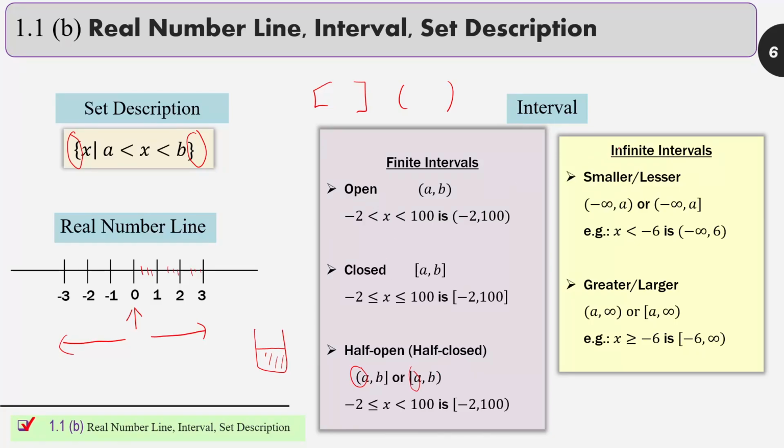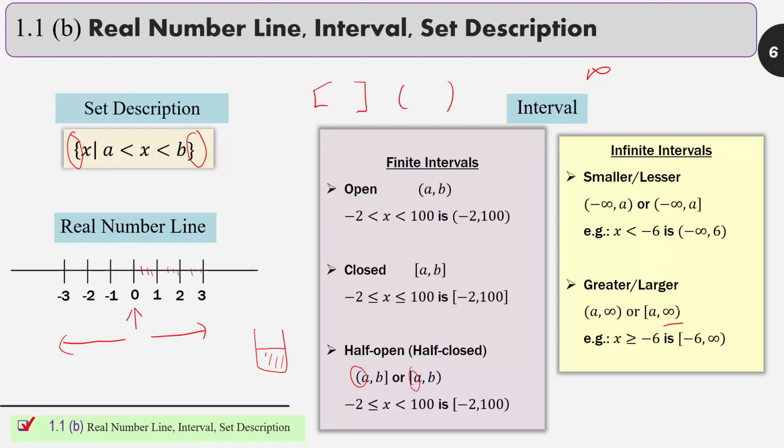Okay, and then when you are bounded left and right, we call it a finite interval. Versus that, we have an infinite interval, which means the other side consists of a negative infinity or a positive infinity. What is infinity? Infinity is a number very, very small if it is negative infinity, or a number very, very large if it is positive infinity.